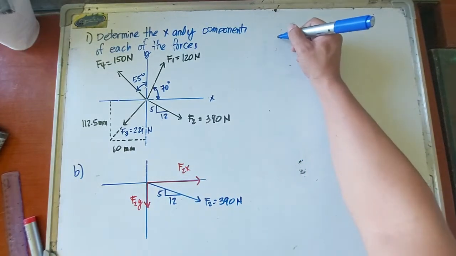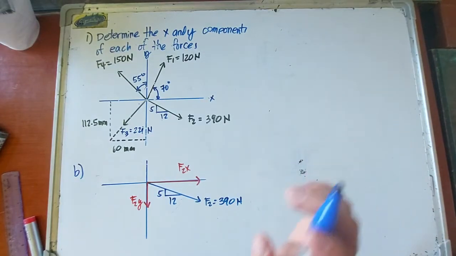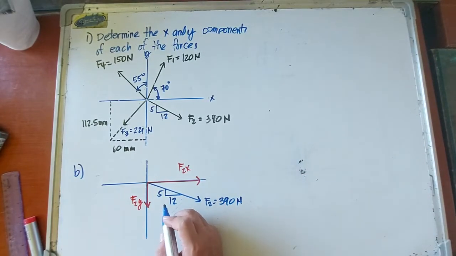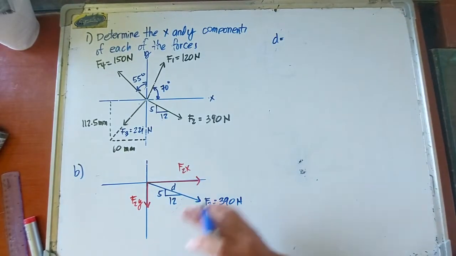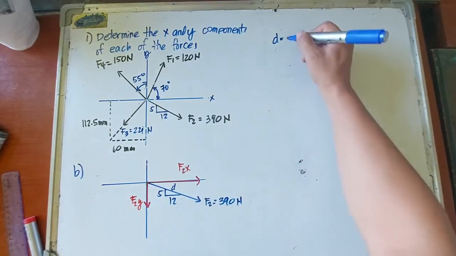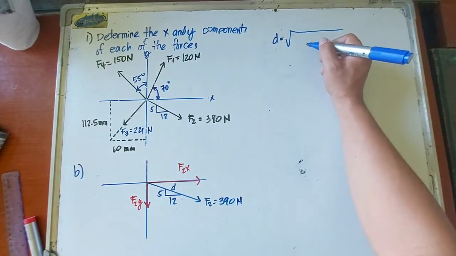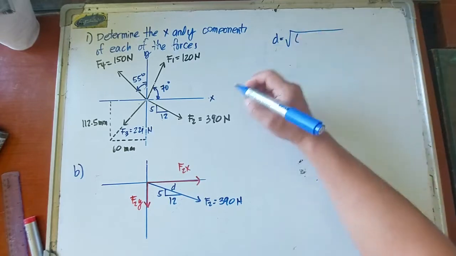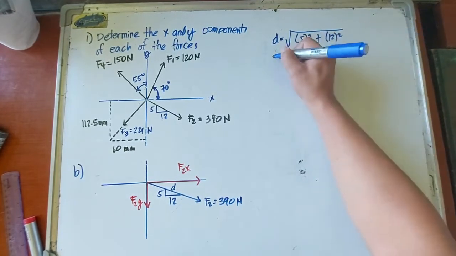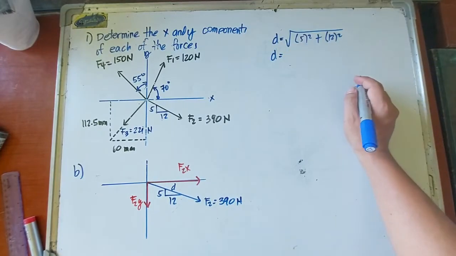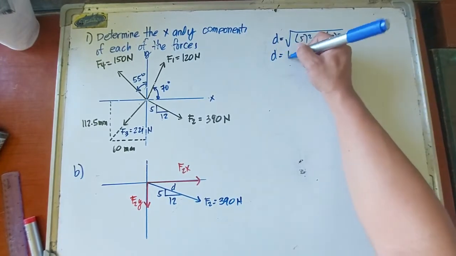So for F2, first we need to solve pala yung hypotenuse ng right triangle D. So how do we solve for the hypotenuse given yung dalawang sides? We have 5 squared plus 12 squared. So the hypotenuse is equal to 13.